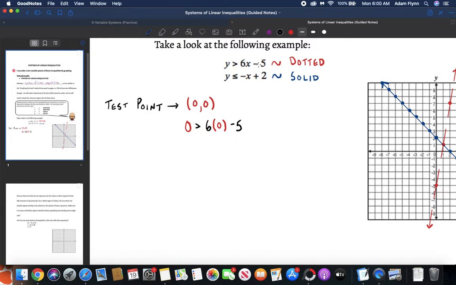Okay, so if I keep simplifying, I get 0 is greater than, 6 times 0 is going to be 0, minus 5. And 0 minus 5 is negative 5. So I've got 0 is greater than negative 5. If I evaluate this, meaning I just take a look and see whether it's true or false, for my red line I get 0 is greater than negative 5 if I plug in the point 0, 0. Well, this is true.